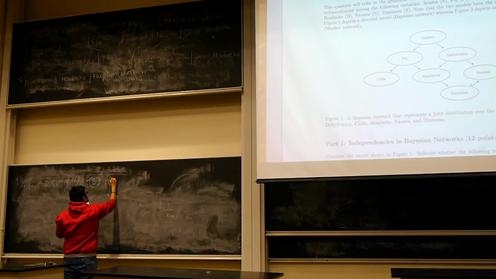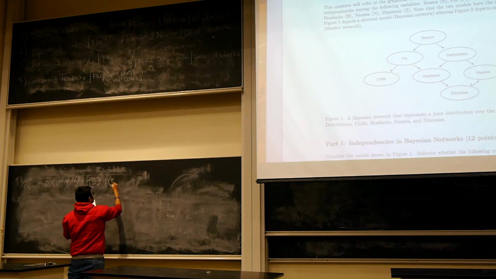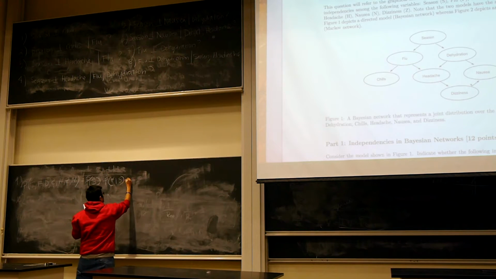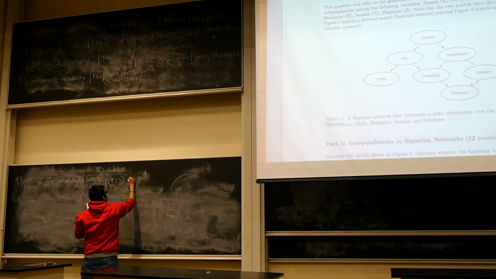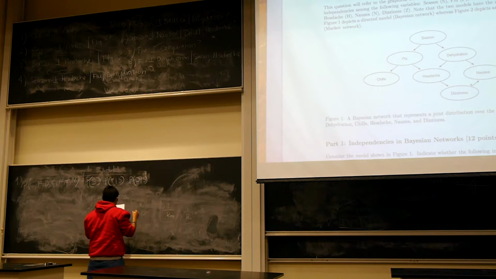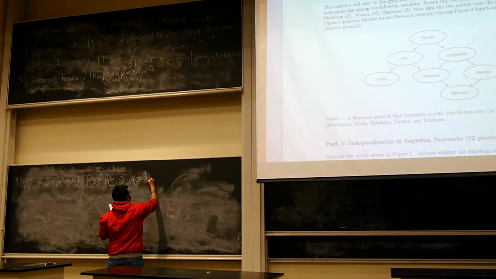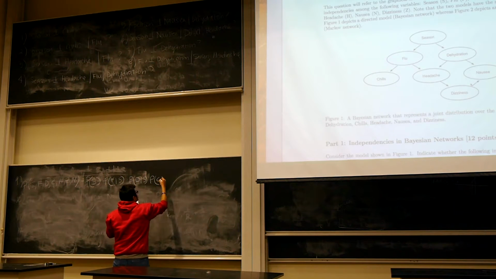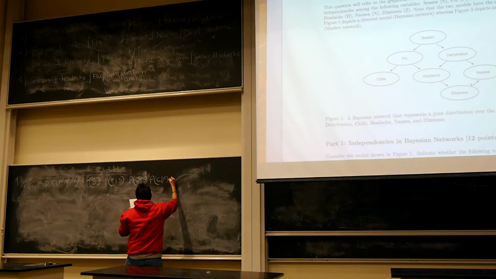Okay. So when we do this, start from the top, right? Which you did. Probability of S has no parents, so it doesn't depend on anything. So we just write probability of S. Then we have flu, whose only parent is season, so we have F given S. Dehydration also has one parent, season. Chills.